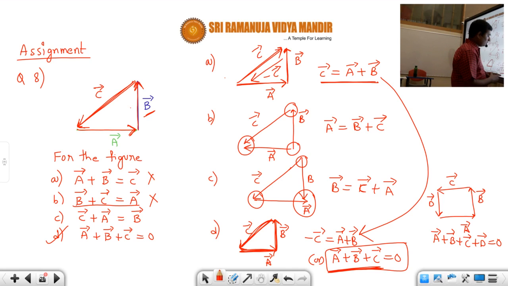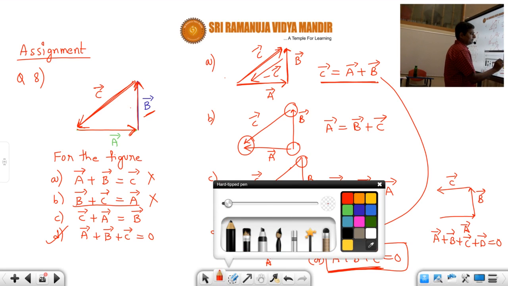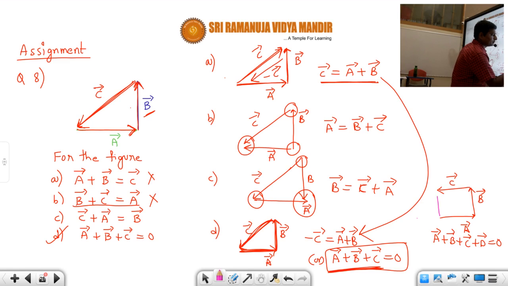Actually, suppose you have not drawn this, and you are given only A bar plus B bar plus C bar, then according to Polygon law, what is the resultant of A bar, B bar and C bar, students? You have to join from here to here, students.